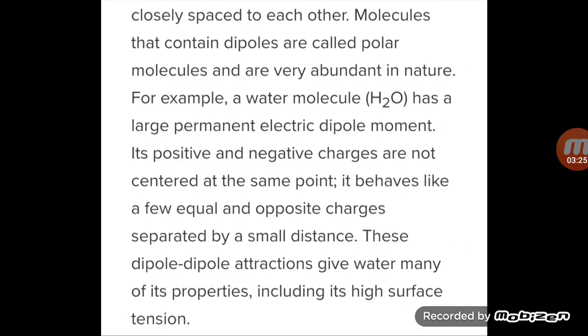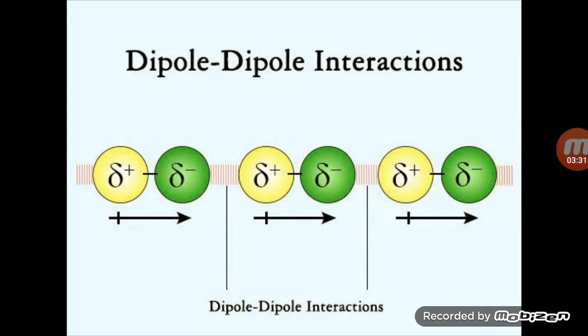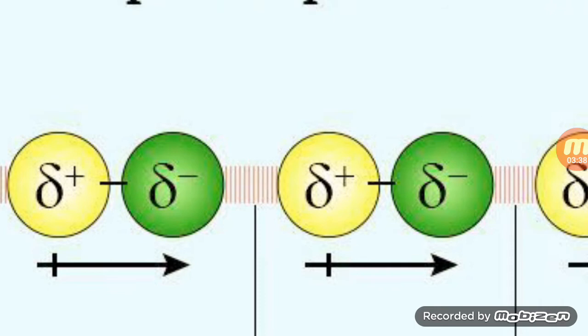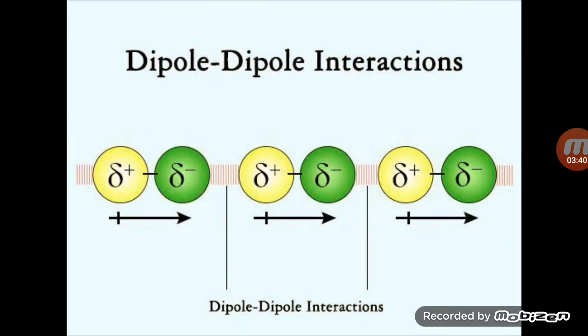It behaves like a few equal and opposite charges separated by a small distance. Like that, the molecules of water will attract each other. The positive end will be hydrogen and the negative end will be oxygen, and two molecules of water will attract each other.